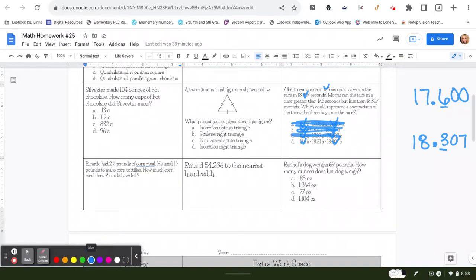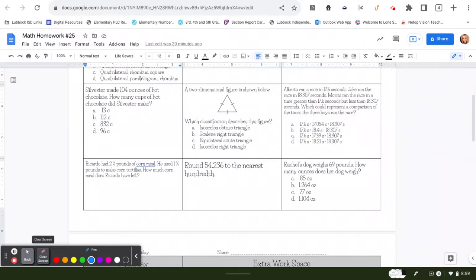Okay, so let's make sure we didn't make a mistake. So let's put 18 and 21 hundredths. Put in my phantom. 18 is greater than 17, so that works. And then 2 is less than 3. D would be our answer.